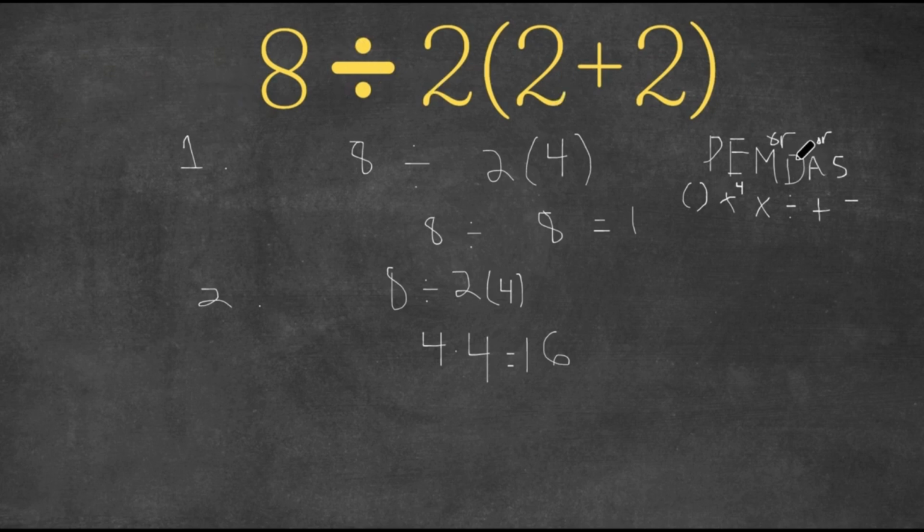And if division came first, left to right, then you would do division first. And as you can see, in this problem, division comes first, left to right. We have division here, left to right, and then we have multiplication. So we would first do 8 divided by 2, which is 4, and then we would multiply it with the 4 to get 16. So 16 is actually the right answer here.